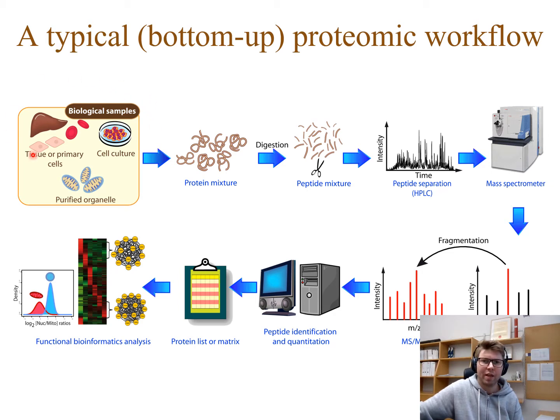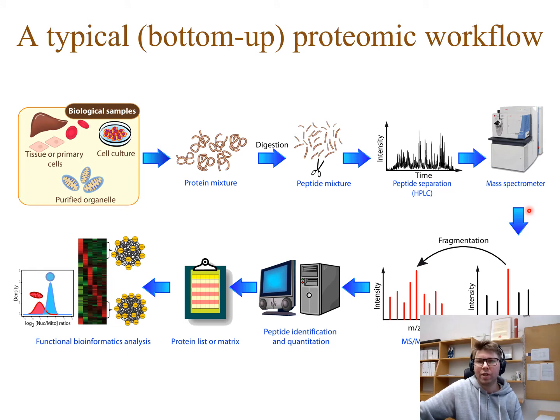This can either be tissues, cells, biological fluids. Proteins are first extracted from this sample, and they are then digested into smaller peptides using specific proteases. And these peptides are then separated using an HPLC. And as peptides elute from this HPLC, they are analyzed by a mass spectrometer.